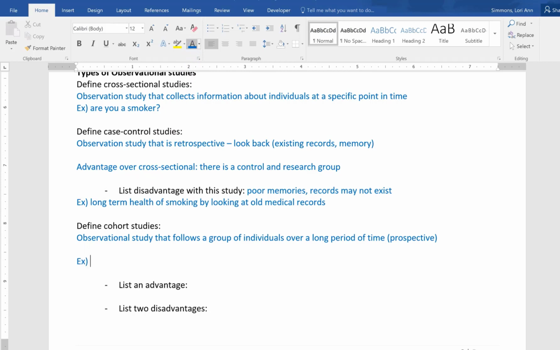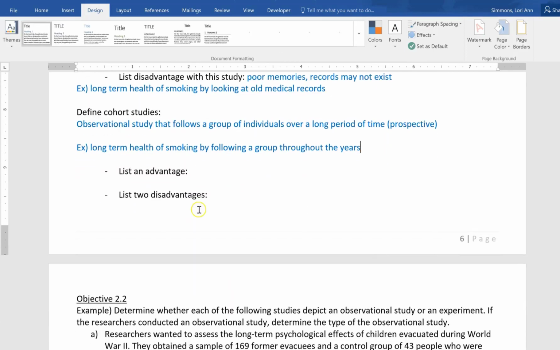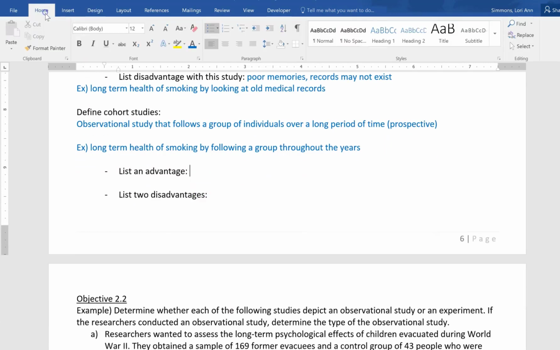An example would be long-term health of smoking by following a group throughout the years. Some advantages of cohort. Well, in this case, if you compare it to case control, you do not need to rely on memory.